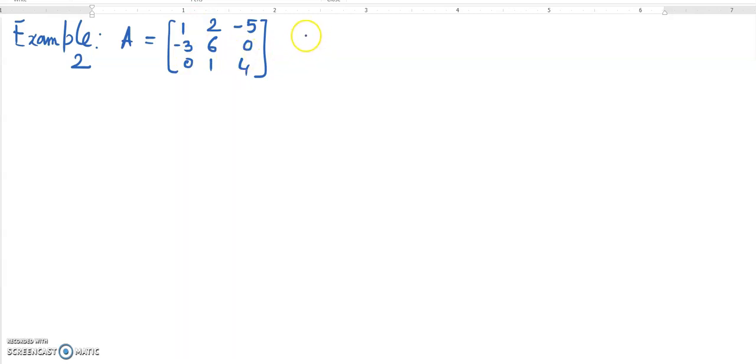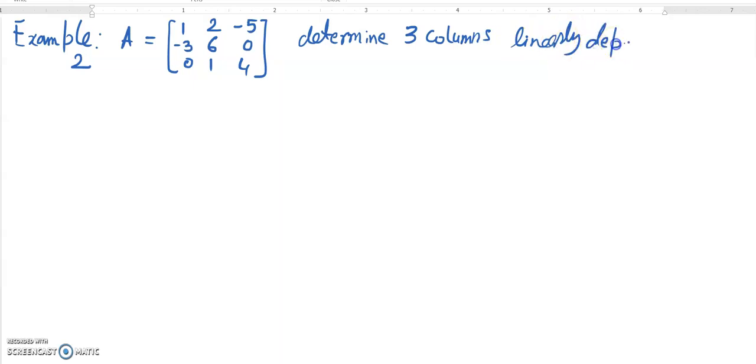So determine whether the three columns are linearly dependent or not.